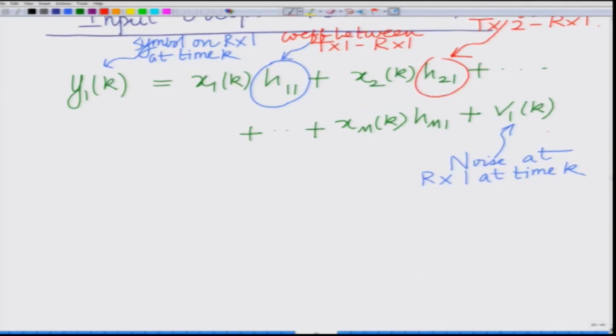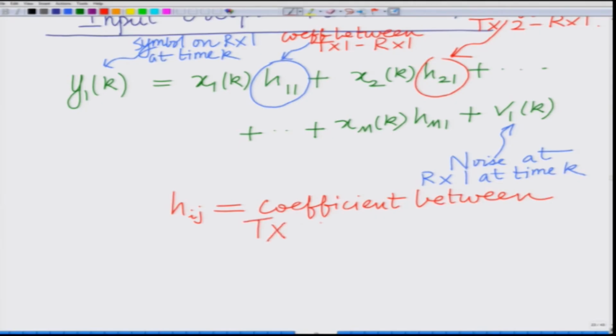So hij equals the coefficient between Tx antenna i and Rx antenna j.